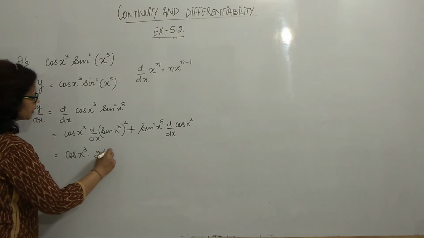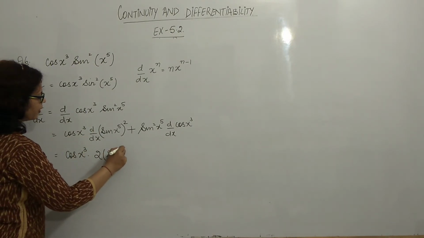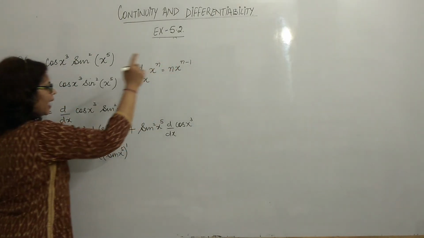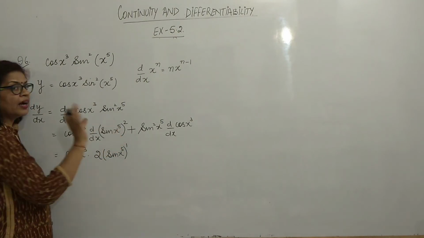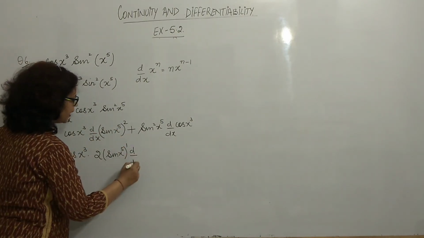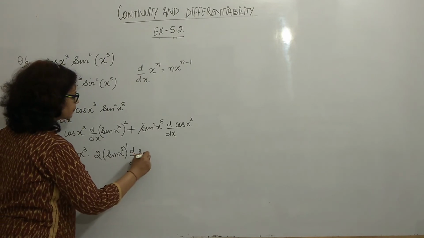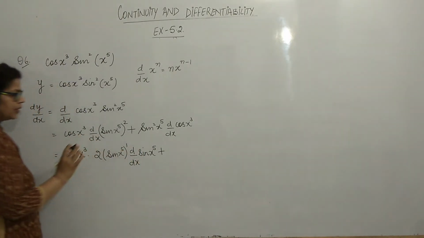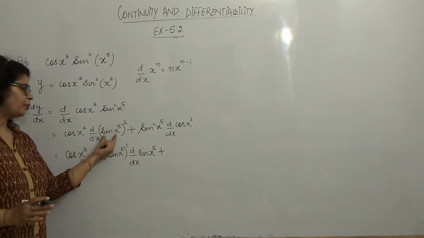2 sin x to the power 5 raised to the power 1, that is n minus 1, and instead of x you have a function of x. So d by dx of sin x to the power 5. Again, try to understand. First you apply the power formula.